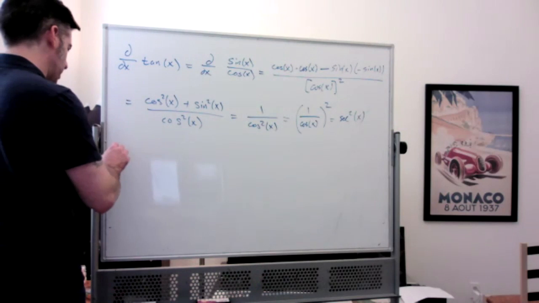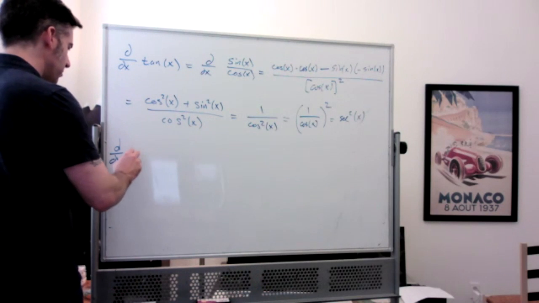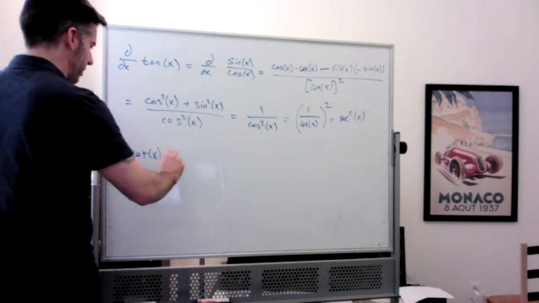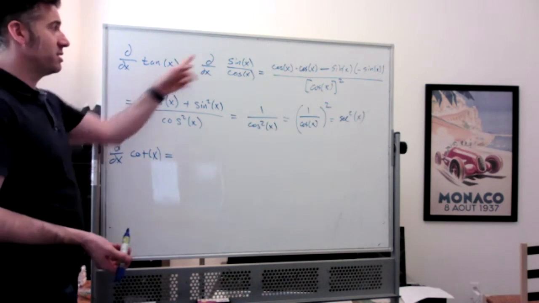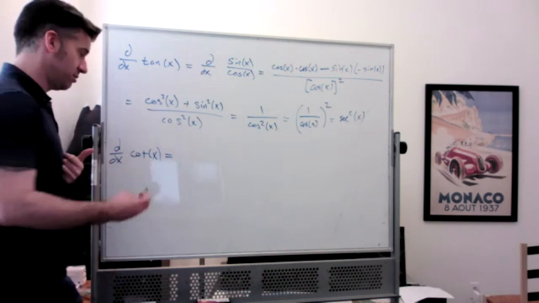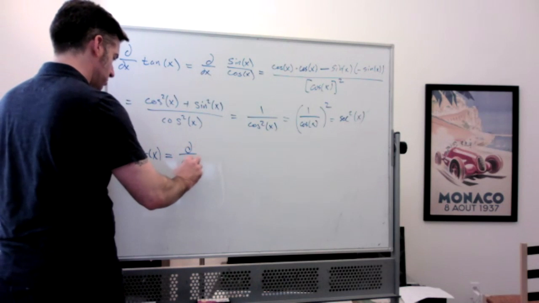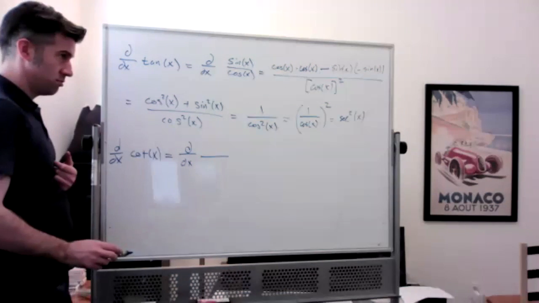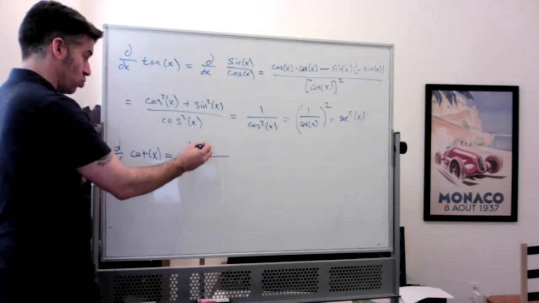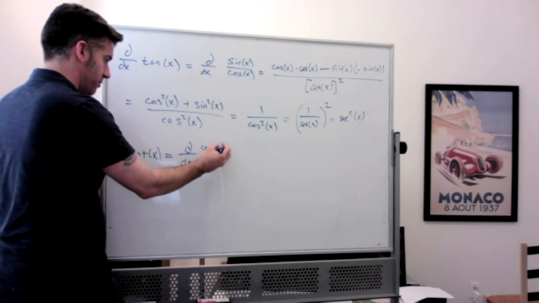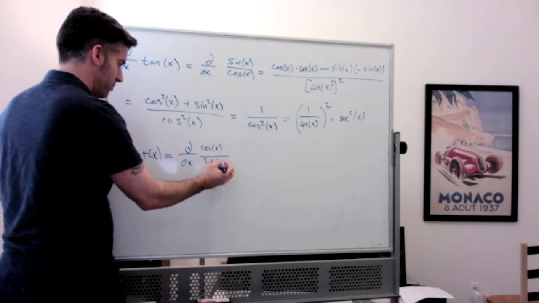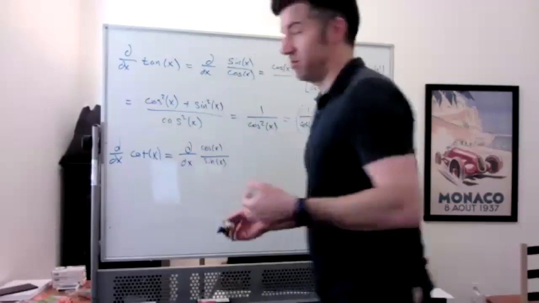Let's do the derivative of cotangent. So the derivative of cotangent of x. Well, tangent is sine over cosine. What's cotangent? Cosine over sine x. Yeah. And then same idea.